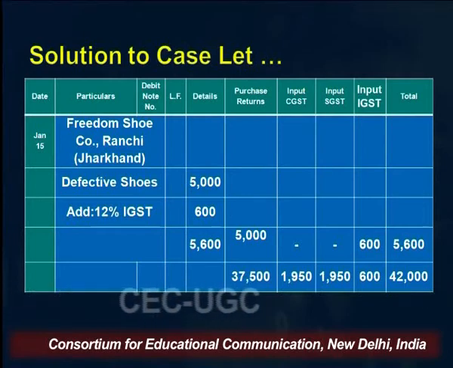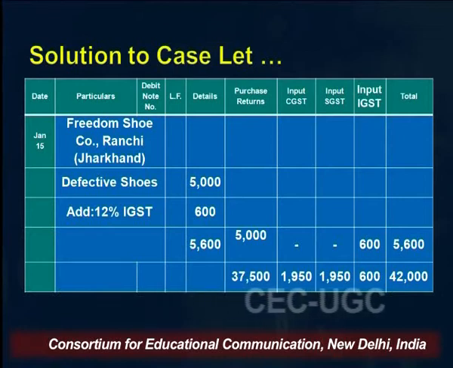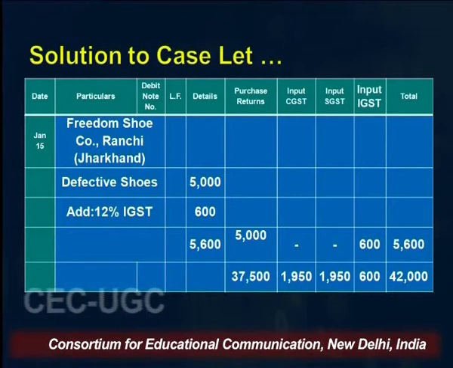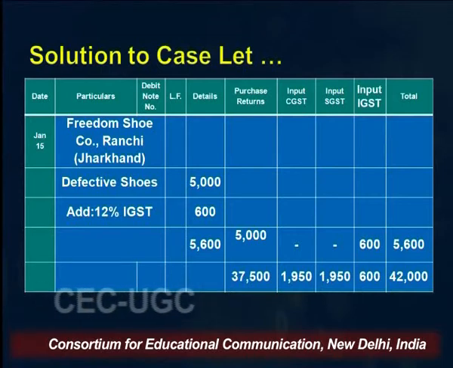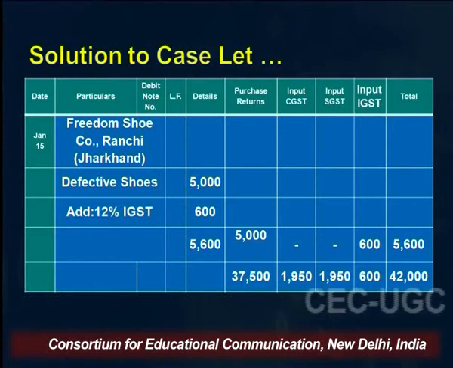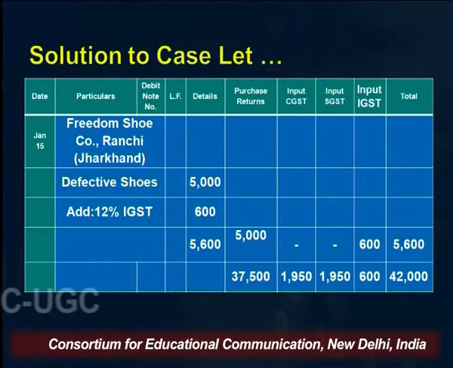If you read it carefully, in the particulars column we write the name of the company, Freedom Shoe Company, which is based in Ranchi. We are writing returned shoes, defective shoes. Only the amount of the shoes is given, 5,000, and we are charging IGST at 12% on this 5,000, which becomes 600.